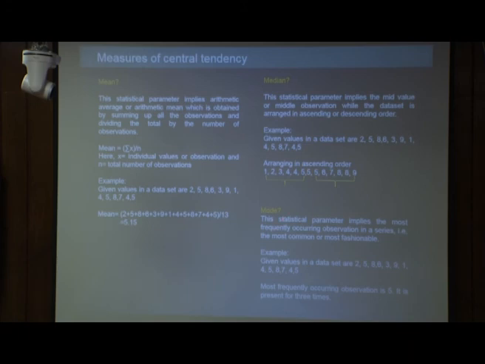With the same data set example, we can find 5 is coming how many times? 5 is coming 3 times. So 5 is the median, and in this case the mode is also 5, because in that data set 5 is coming 3 times.